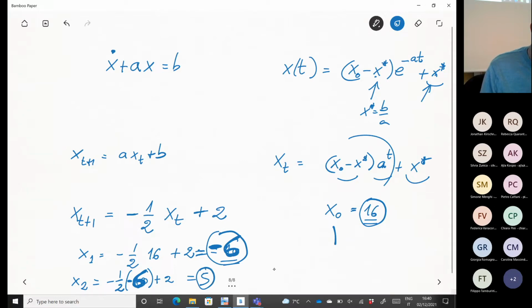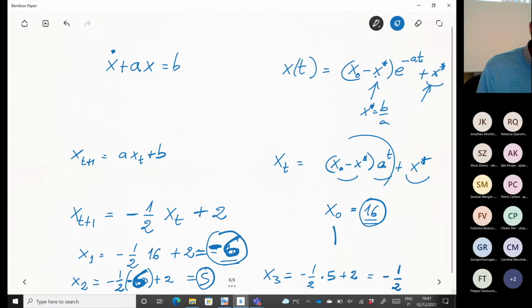Okay? X3, please intervene if I make further mistakes. This is equal to 5, so x3 will be equal to minus 1/2 times 5, okay, plus 2. So it is minus 5 over 2 plus 2, so it is equal to what? Minus 5 over 2 plus 4 over 2, it's minus 1/2.